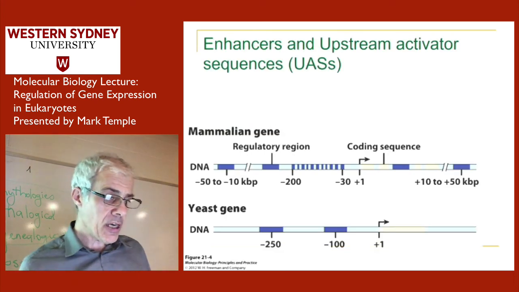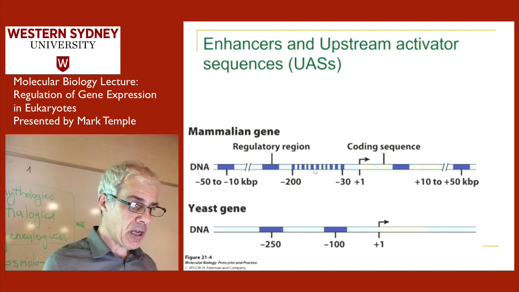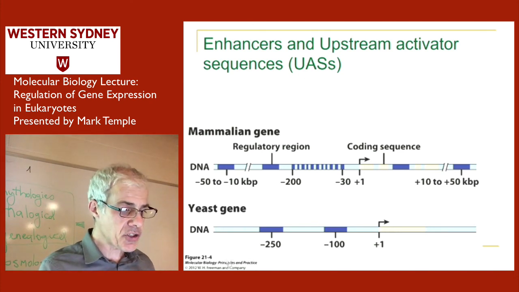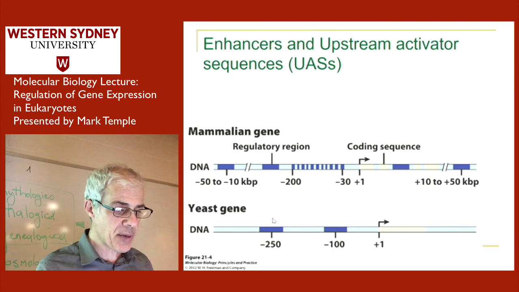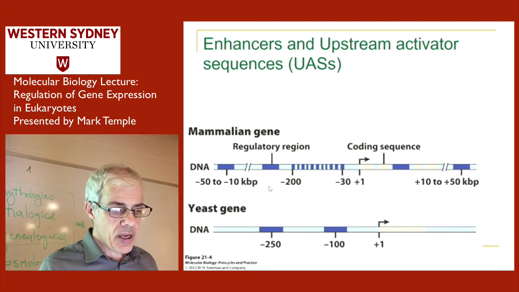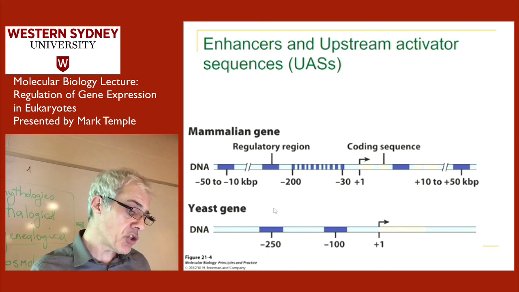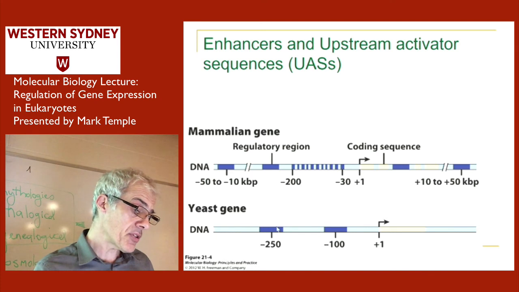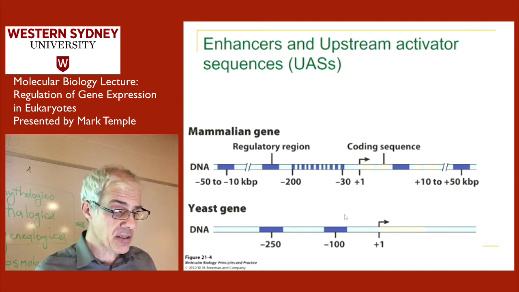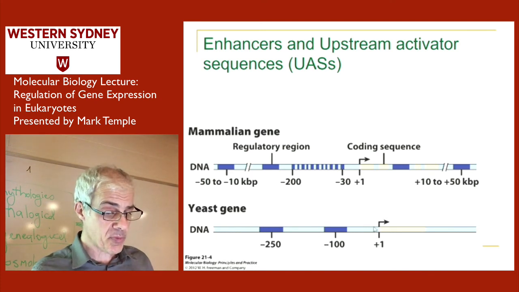Here the title of this one refers to the yeast example on the bottom. Here's the start of transcription at the +1 with our bendy arrow. If you go 100 base pairs or even 250 base pairs away, there are sequences of DNA that affect what's happening at the promoter.